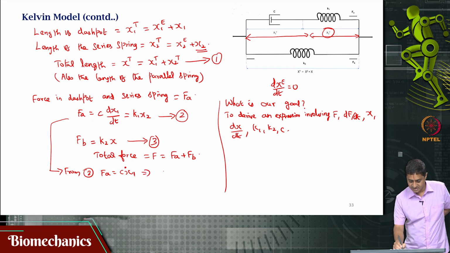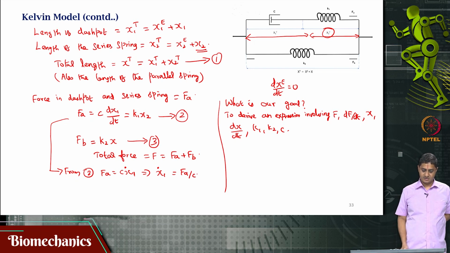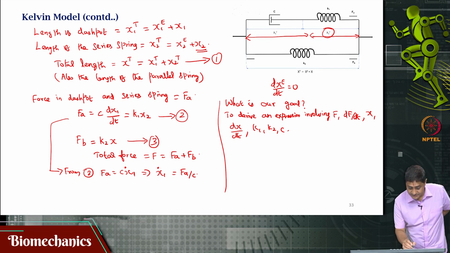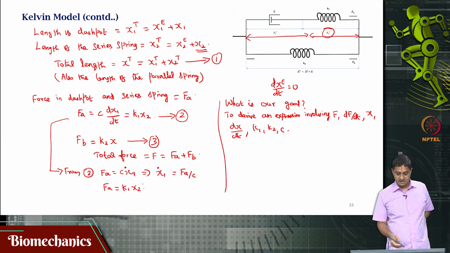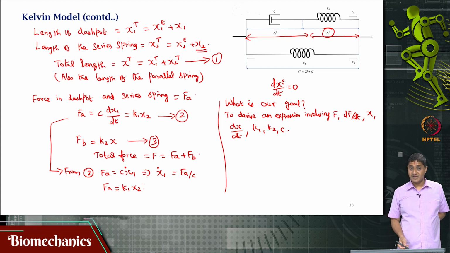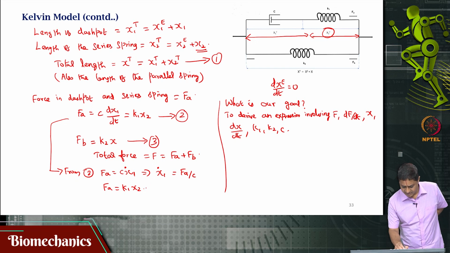So, this implies x1 dot is Fa by C. What it also says is Fa is k1 x2. I can write this as x2 is equal to Fa by k1.